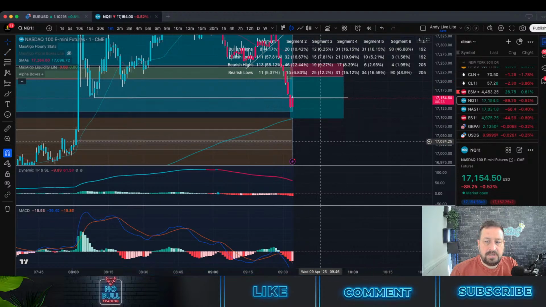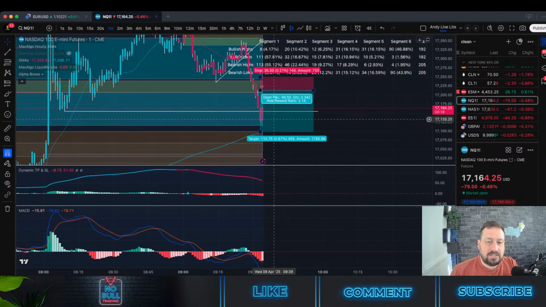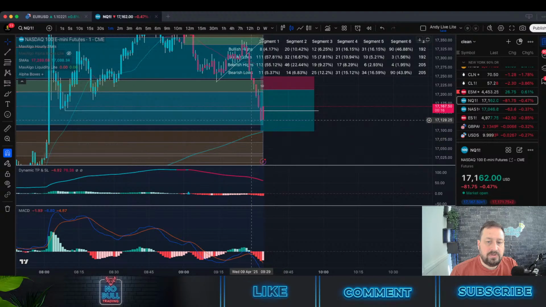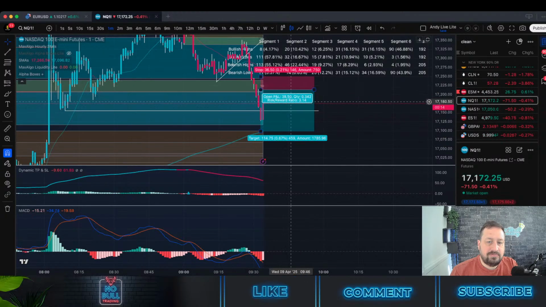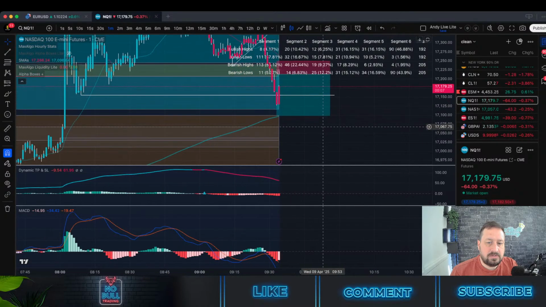This has been at least TP1. Stop should well be break even now after taking profits. So either way, you've had a bit of profit taken, at least 50% at that point. And then if it comes back and taps us, it's not a problem.